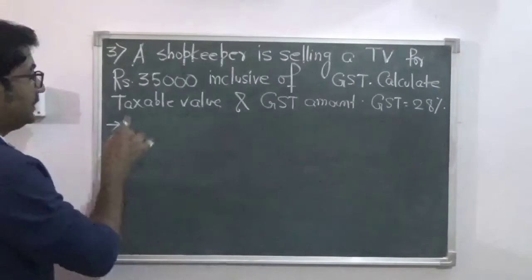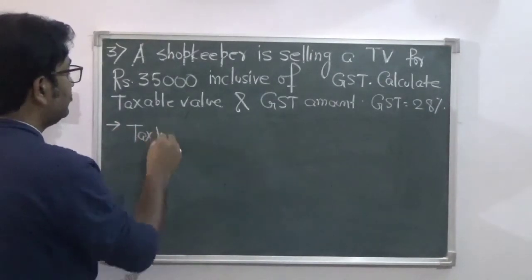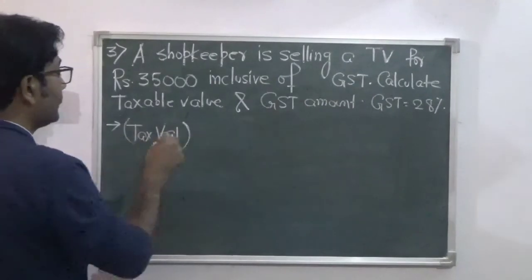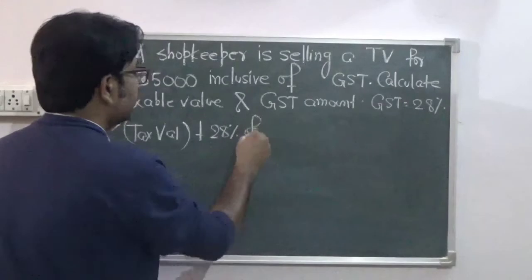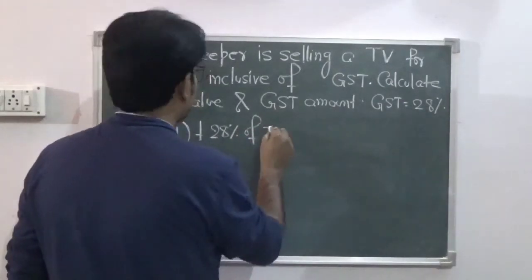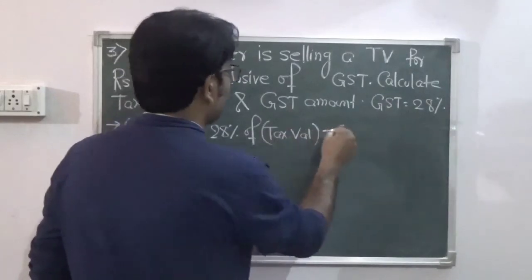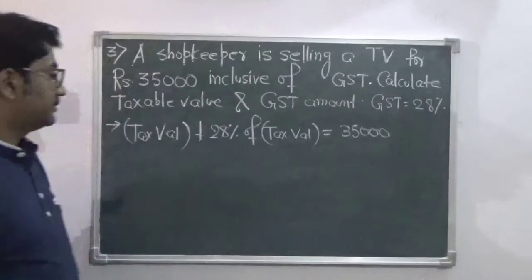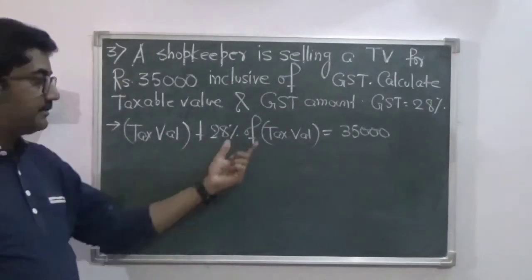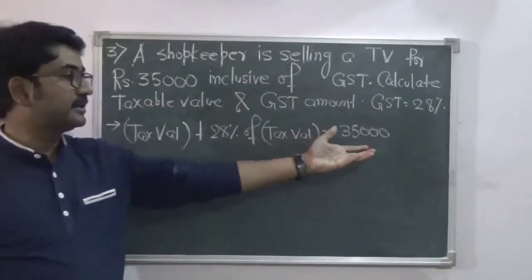So according to the question, the taxable value plus 28% of the taxable value is equal to 35,000, because tax is included within 35,000.